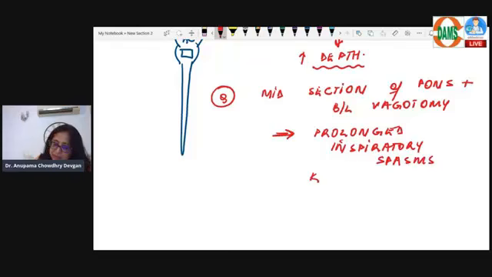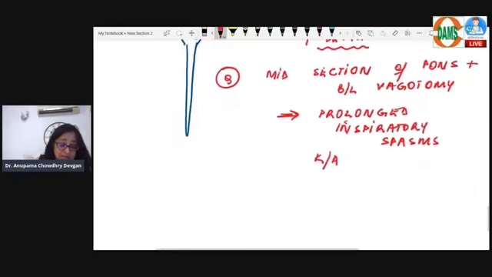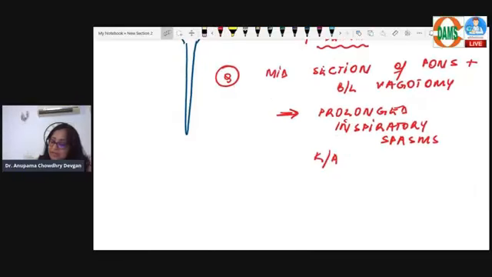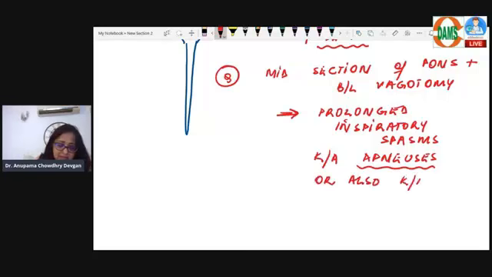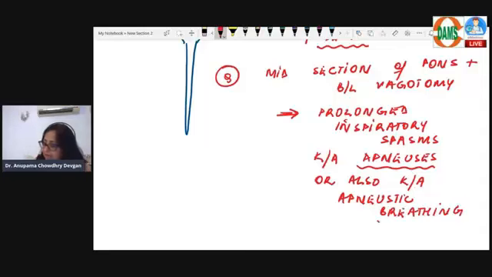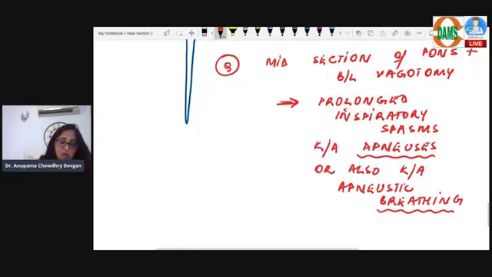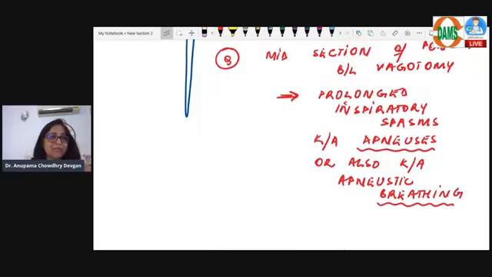These prolonged inspiratory spasms, yes, inspiratory arrest, are known as apneuses, or also known as apneustic breathing.